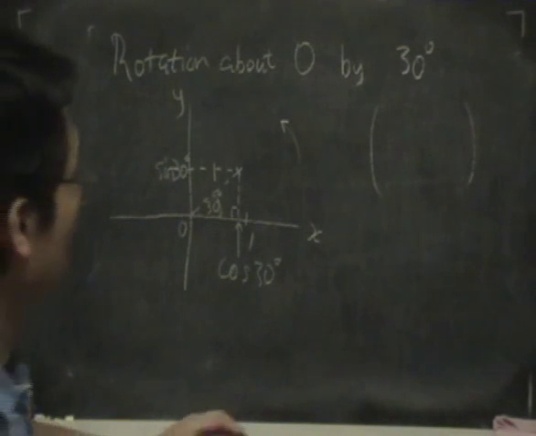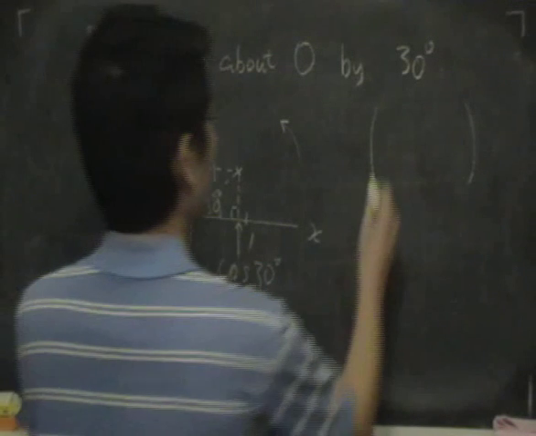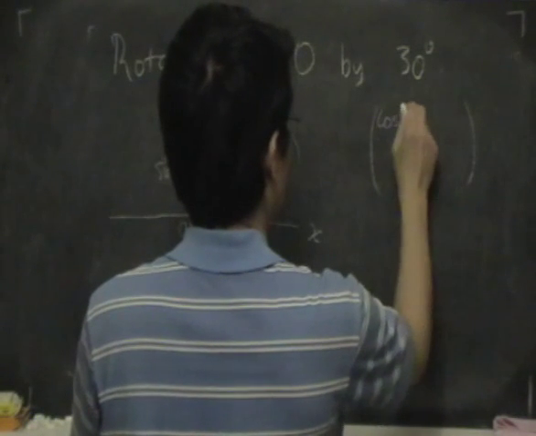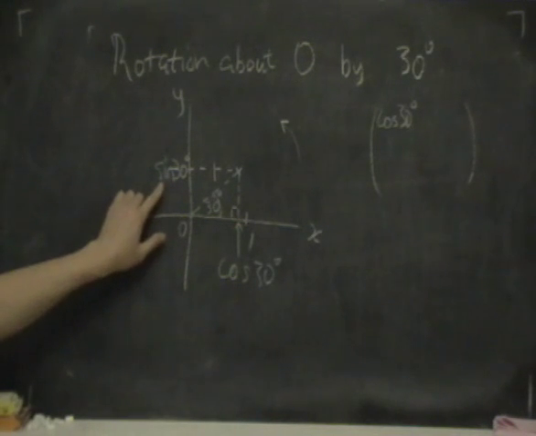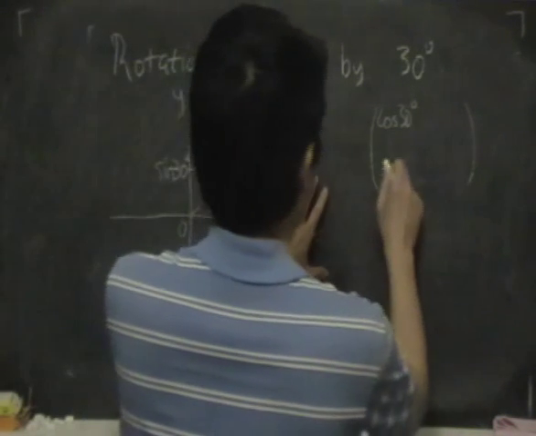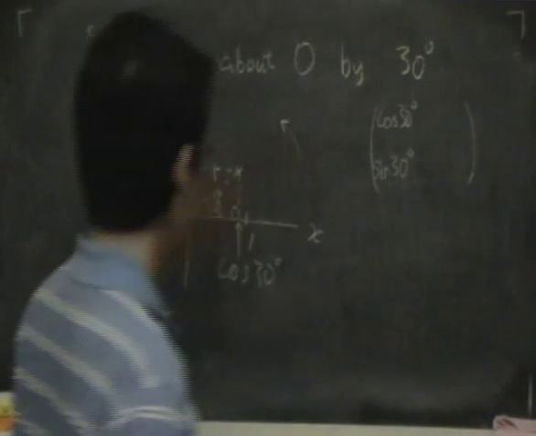And this gives me my first column, cosine 30 degrees, and sine 30 degrees. My first column.